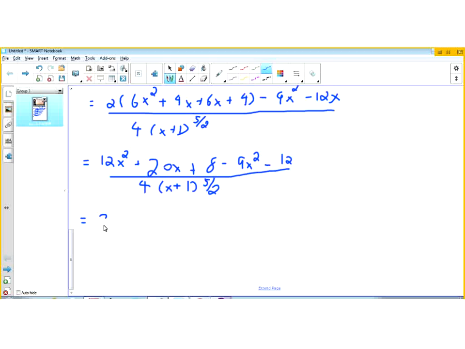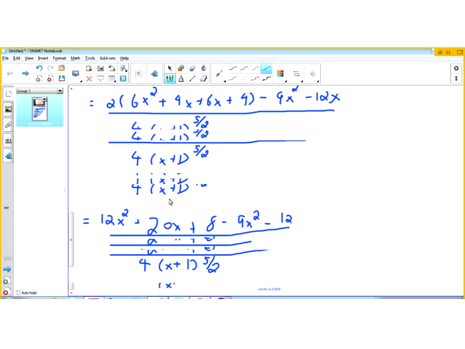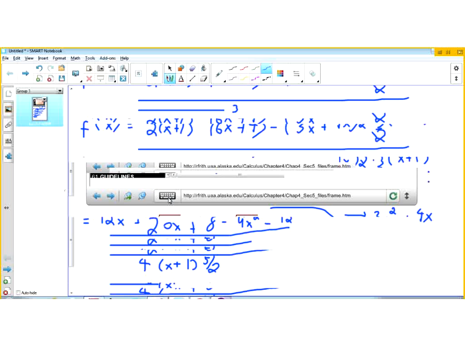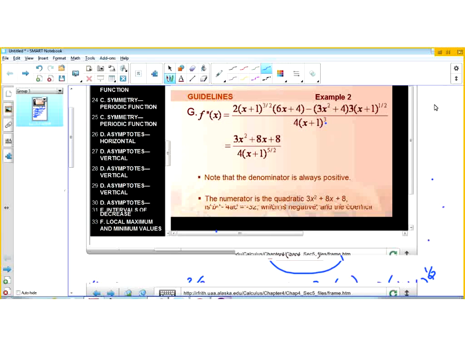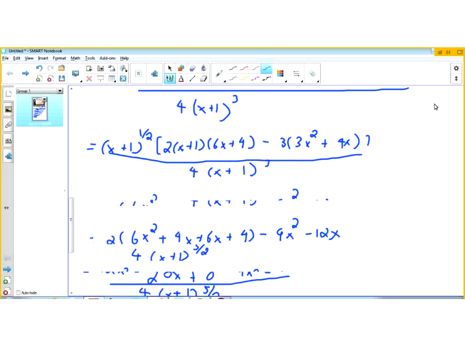Okay, and so that would equal 3x squared plus 20x minus 4 over 4. I think I may have made a mistake somewhere. Okay, so what did they get? I got an 8x, so I should have gotten an 8x. Why did I not get an 8x?